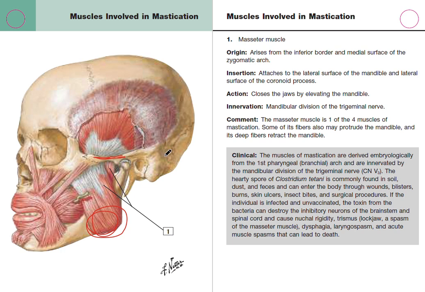It closes the jaws by elevating the mandible. And as with the other muscles of mastication, it is innervated by the mandibular division of the trigeminal nerve. The muscles of mastication again are all derived embryologically from the first pharyngeal branchial arch.